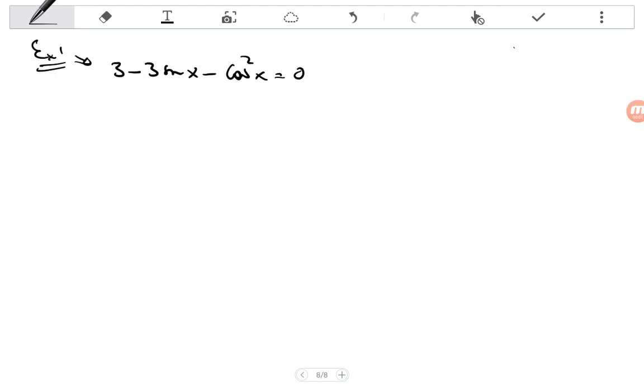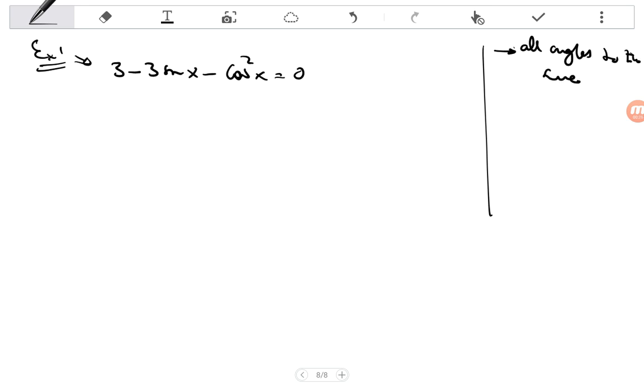So let's check this equation. We have two rules before solving any equation. First, for solving any equation in trigonometric functions, we must have all angles be the same.